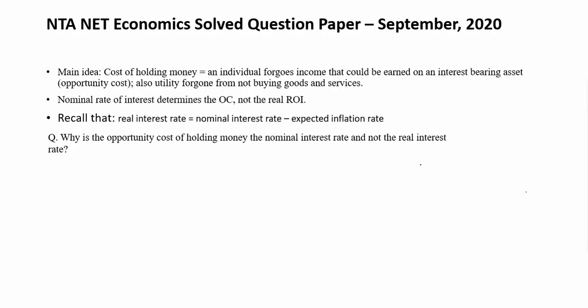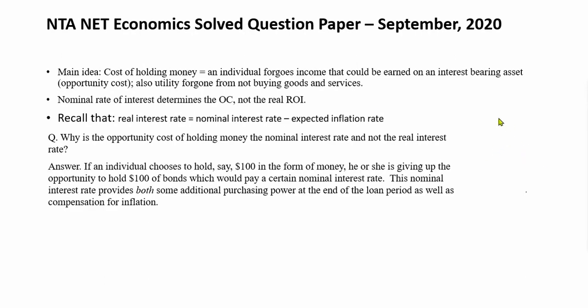Now the question arises: why is the opportunity cost of holding money the nominal rate of interest and not the real rate of interest? We can answer it by looking at some very important points. Suppose an individual chooses to hold $100 in the form of money. He or she is giving up the opportunity to hold $100 of bonds.